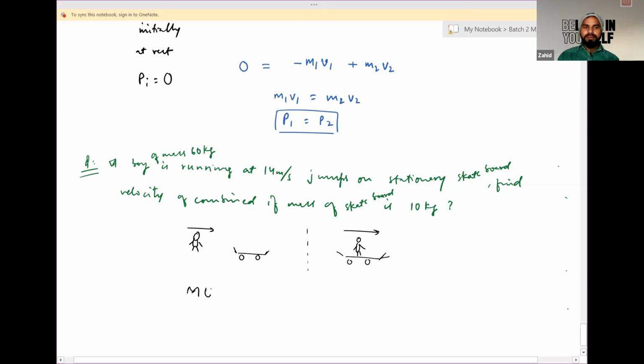Mass of boy, velocity of boy; the skateboard is initially at rest, so its momentum will be 0. After: mass plus mass into V. Just put the value of each term and simplify it to get the value of V.